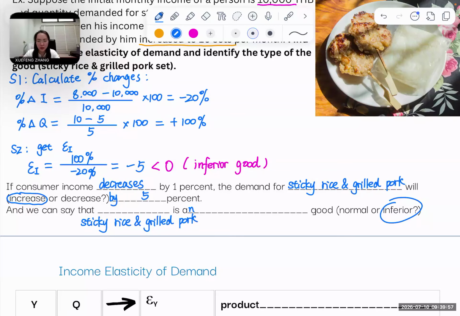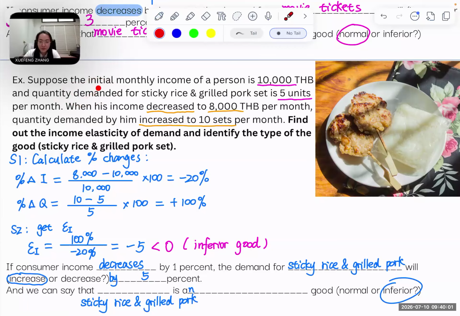Let's think about it in this way. When this person earned 10,000 baht, they ate sticky rice and pork set 5 times a month. But when income dropped to 8,000 baht, they ate 10 times. Why?